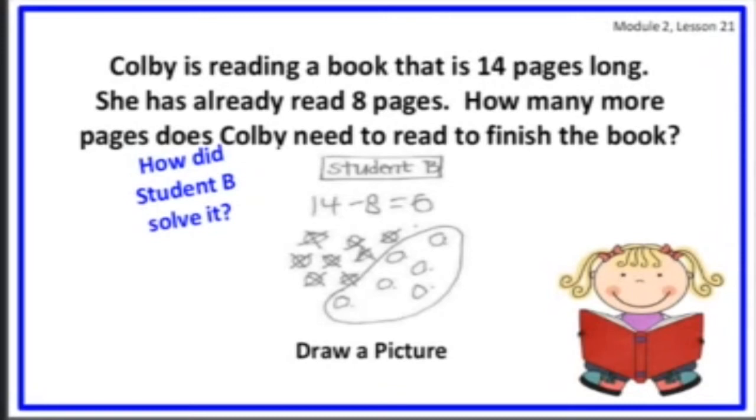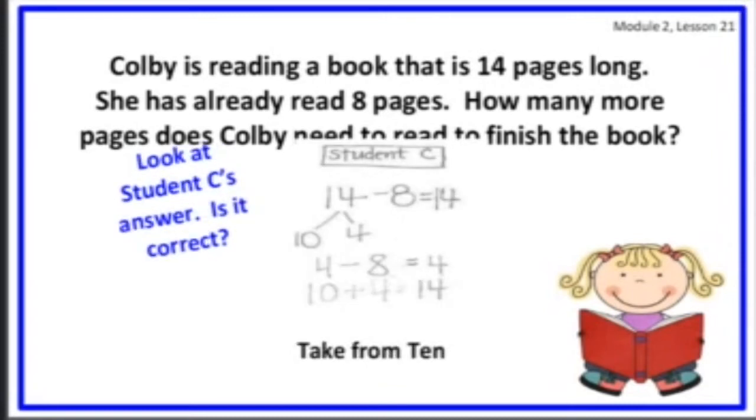Very good. Now let's see student C's work. He's using take from 10. Yes, 14 minus 8. Student C is solving using the take from 10 strategy. But look at his answer. Is it correct? No, he made a mistake.